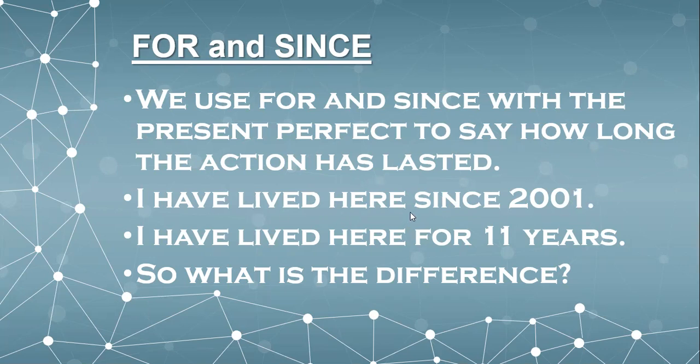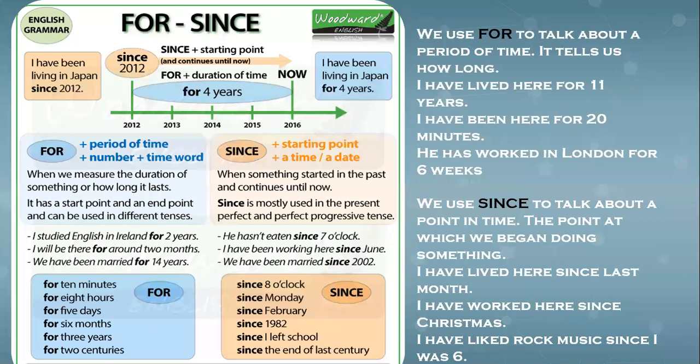I have lived here for 11 years means the amount of time I spent living here is 11 years. You notice the difference? One is for the start of the action and the other is for the duration, the amount of time the action has taken place.